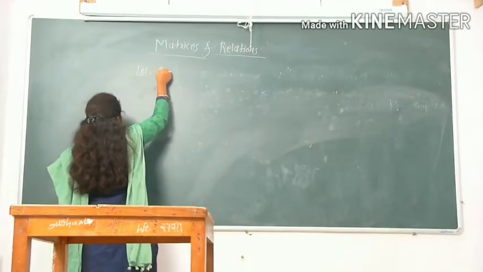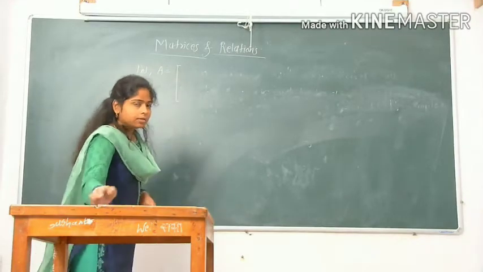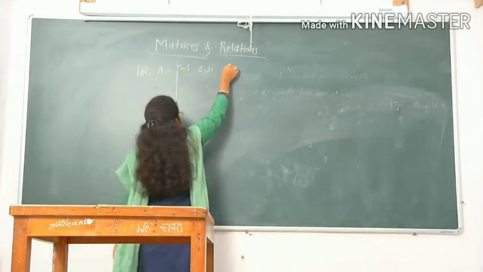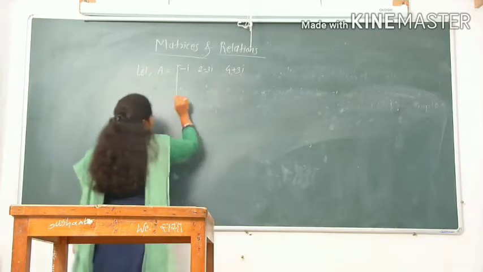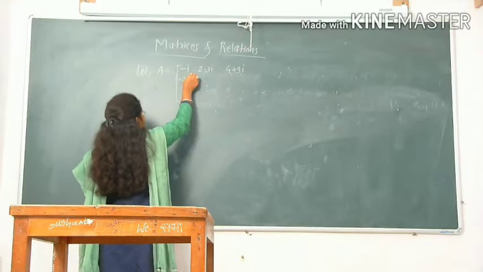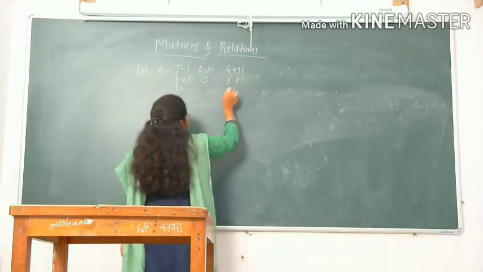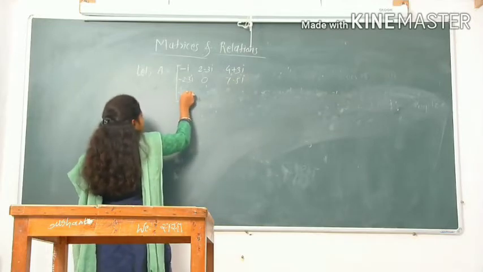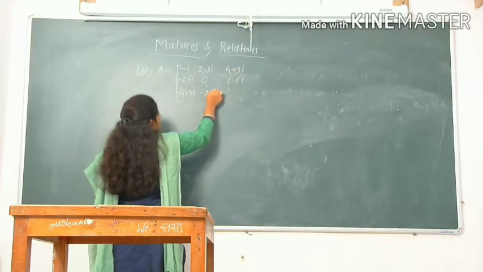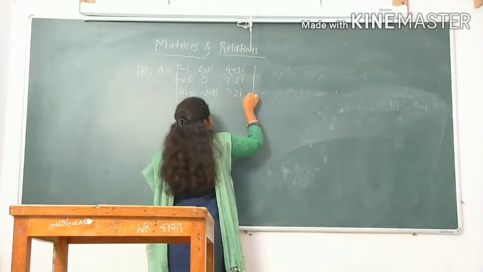Let A be the matrix with rows: minus i, 2 minus 3i, 4 plus 3i; minus 2 minus 3i, 0, 7 minus 5i; minus 4 plus 3i, minus 7 minus 5i, minus 2i. Here the last entry is minus 2i.